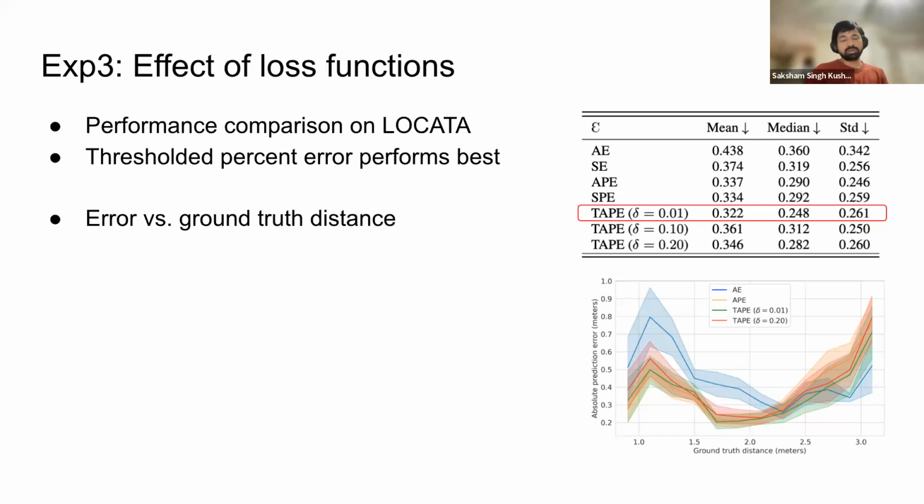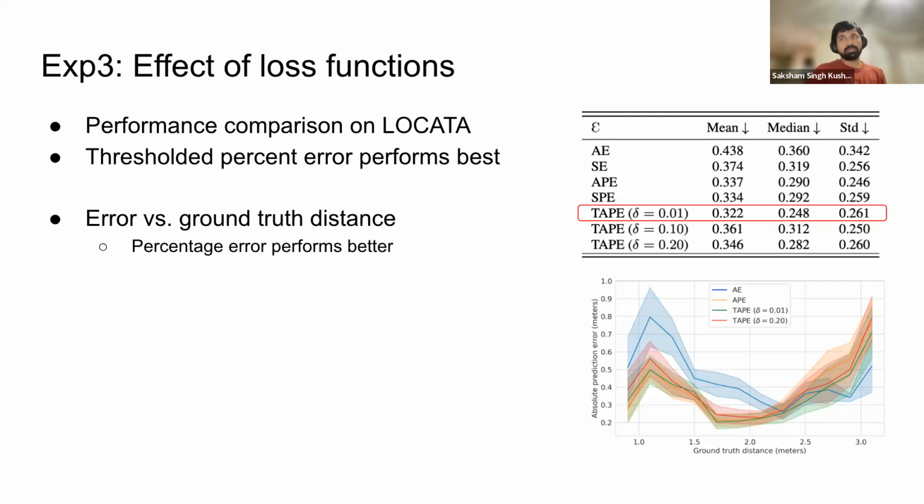As shown in the figure, we can infer that this is due to standard losses like L1 trying to reduce errors for far true distances more. Meanwhile, percentage error losses uniformly try to reduce the error with respect to ground truth distances.